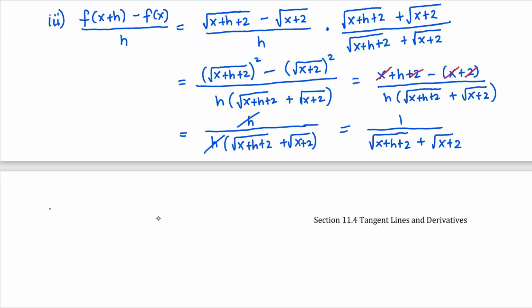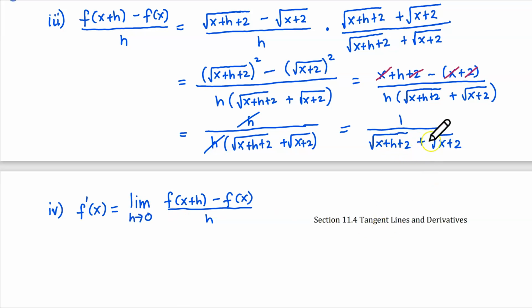Now in the fourth step, we get f prime of x, and that is equal to the limit of f of x plus h minus f of x divided by h as h approaches 0.